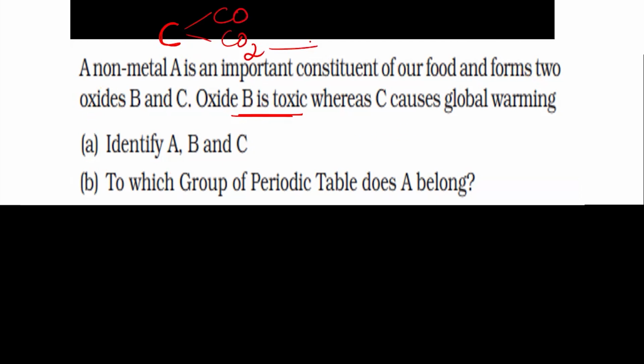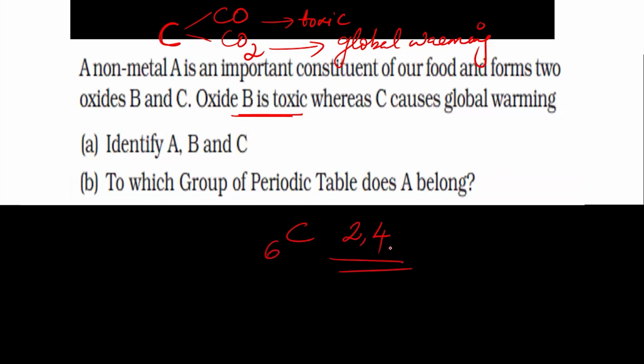Carbon dioxide is the reason for global warming, and carbon monoxide is a highly toxic oxide. To which group of the periodic table does A belong? Carbon's atomic number is 6 and its electron configuration is 2,4, so it belongs to the 14th group.